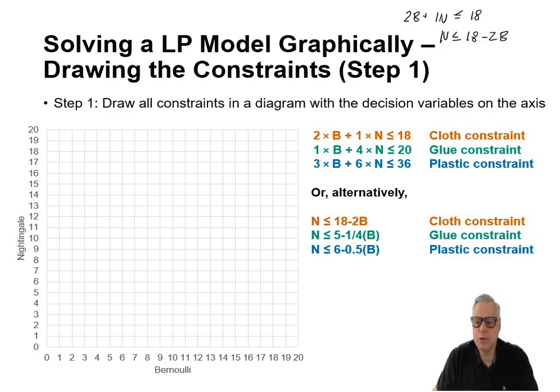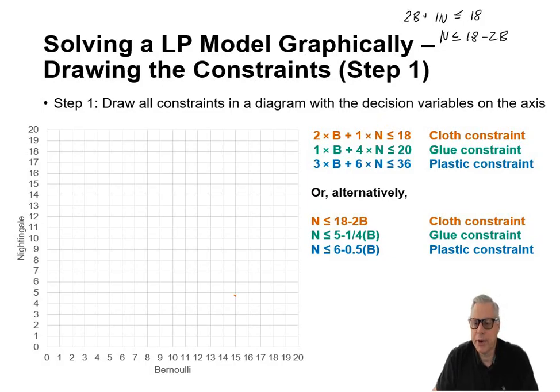So what we could do, for example, is just ask, if I use up all my cloth to produce Bernoullis, how many Bernoullis can I produce? Well, then you would do 18 divided by 2, that will give you 9. So that means the intercept for Bernoulli must be 9. And if I use up all my resources to produce only Nightingales, I can produce 18.